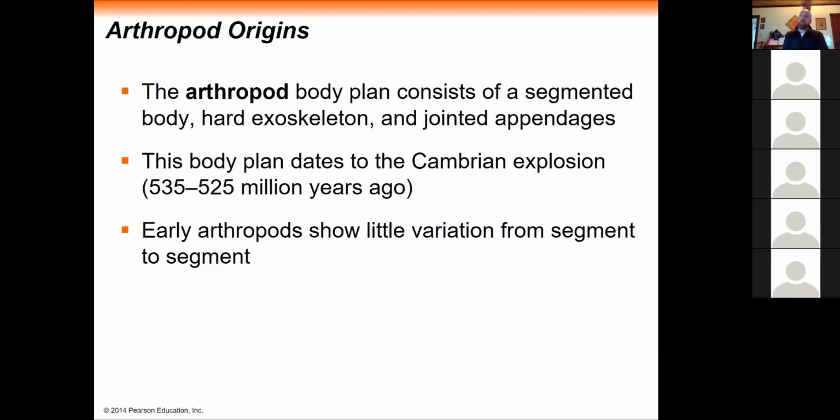The arthropod body plan dates back to the Cambrian period, and we see a huge diversity of arthropods come out of that period. And what we see, as you might expect, is the early arthropods had segmentation, but not a lot of difference from one segment to the next, kind of like earthworms.